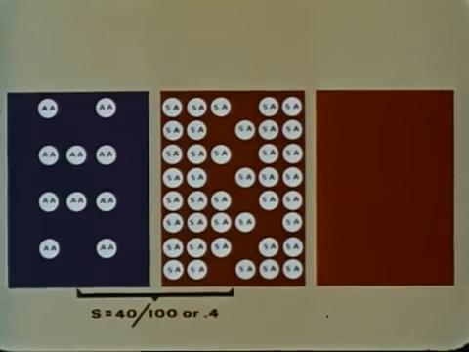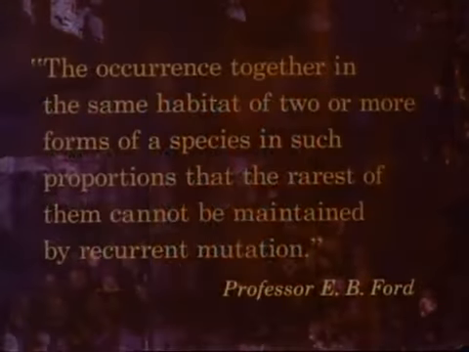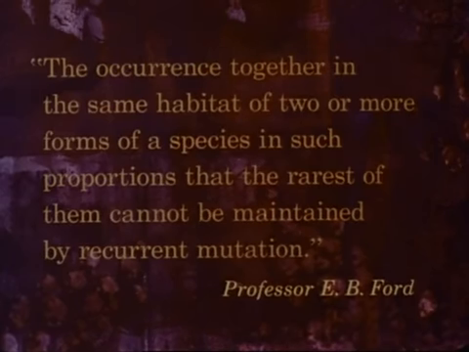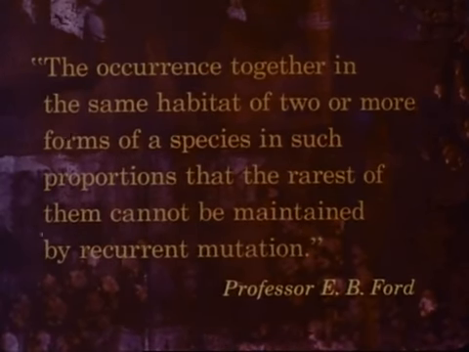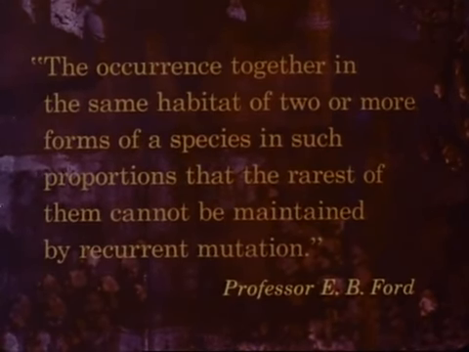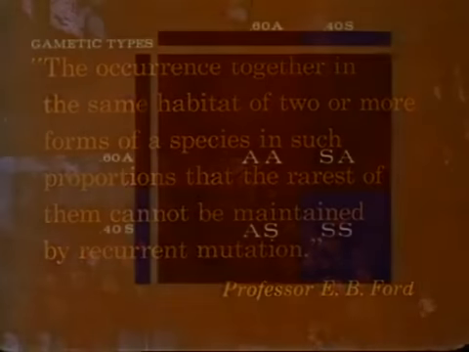In these populations, sickling is a polymorphism, as defined by Professor E.B. Ford: the occurrence, together in the same habitat, of two or more forms of a species in such proportions that the rarest of them cannot be maintained by recurrent mutation. Sickling is, furthermore, a balanced polymorphism.